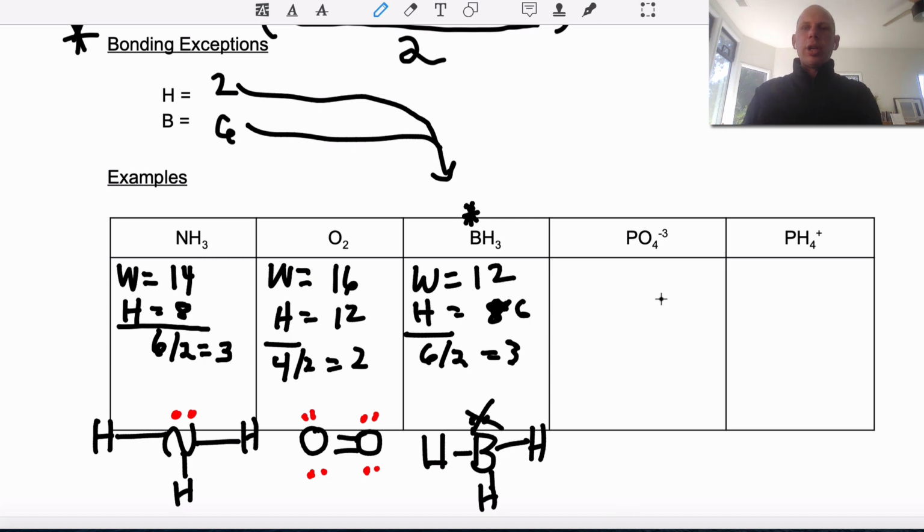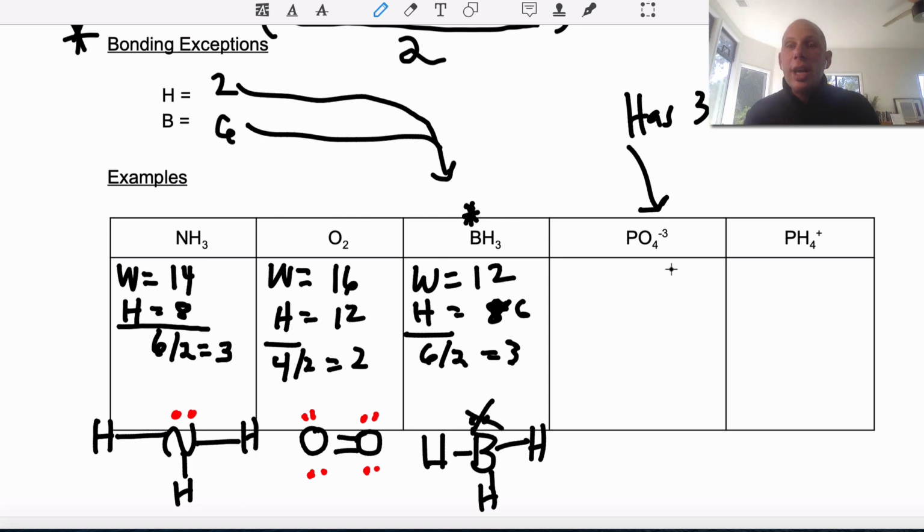Okay, so now we're going to look at 2 polyatomic ions, phosphate and this other thing over here. We don't need to worry about the name of that. So PO4 minus 3. So what does that -3 mean? Well, that -3 means that it has 3 extra valence electrons that it got in order for it to have that -3 charge.